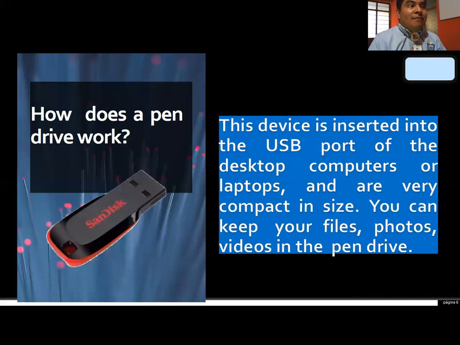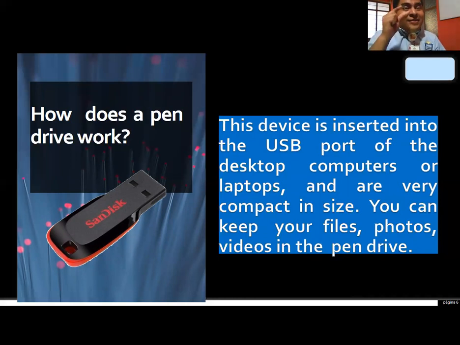The other one is the pen drive. How does a pen drive work? This device is inserted into the USB port of desktop computers or laptops, and is very compact in size. They are very tiny. You can keep your files, photos, videos in the pen drive.